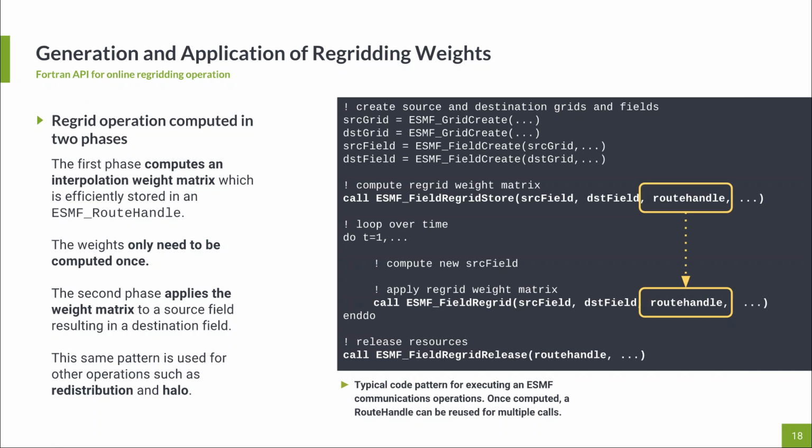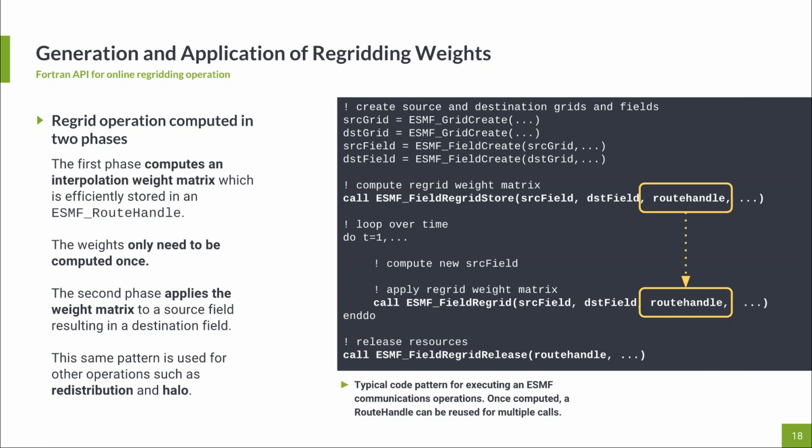So the store doesn't actually perform the interpolation. When it's time to perform the interpolation, you make a call to ESMF field regrid, and you pass in your source and destination fields and that route handle, and it's going to efficiently reuse the pre-computed weights and communication pattern to apply them. Essentially, it does a sparse matrix multiply.